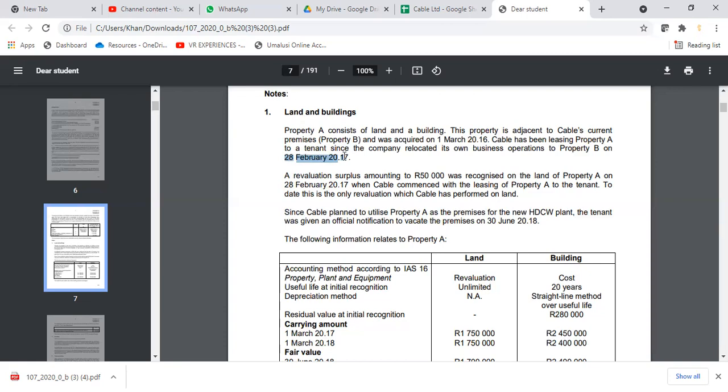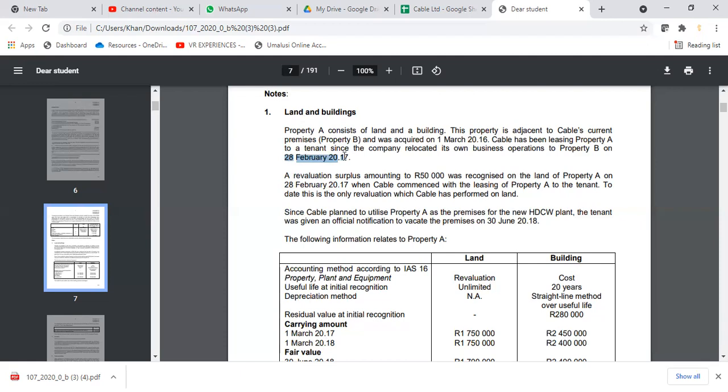And these structures are not actually owned by them in most cases, they're owned by other companies. So the question is, how do those companies classify those structures? Is it PPE? Is it investment property?